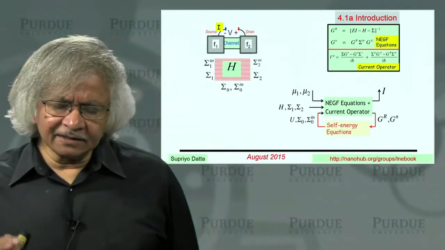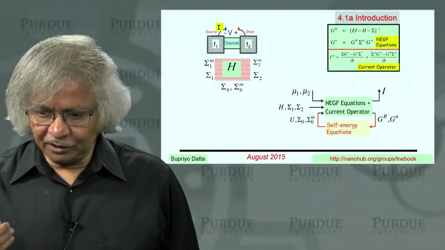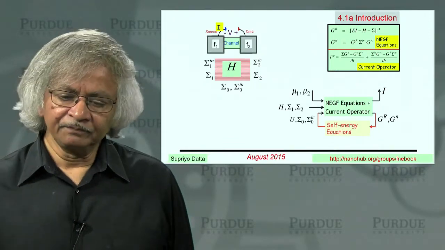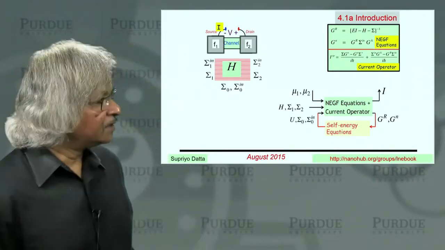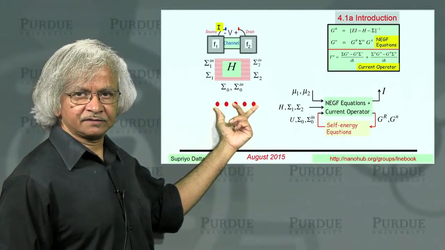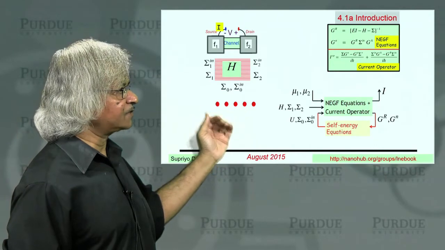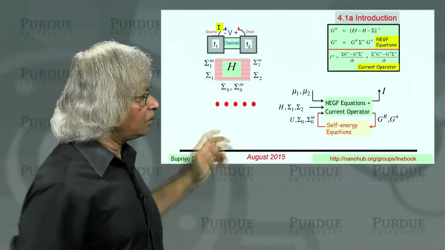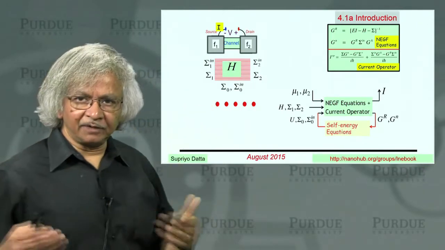Because basically the only difference when we include spin into the description compared to what we have done before is this. When you didn't have spins, we had a set of basis functions. If you had 5 basis functions, these matrices would have been 5 by 5. Now, the basis functions are coming in pairs.